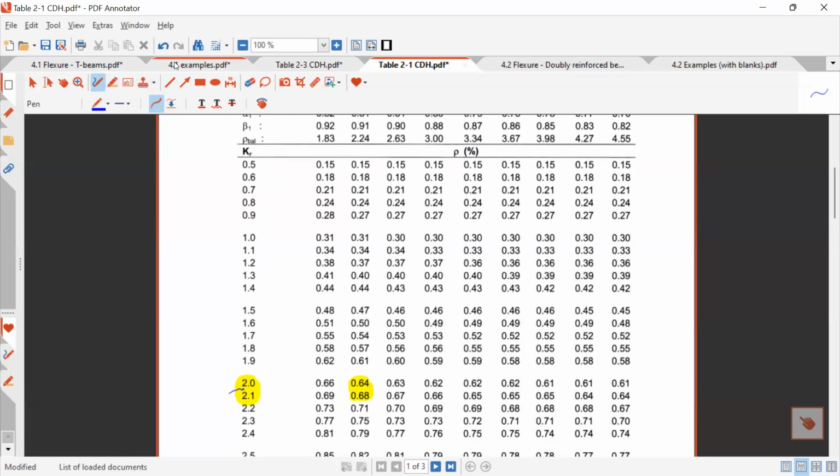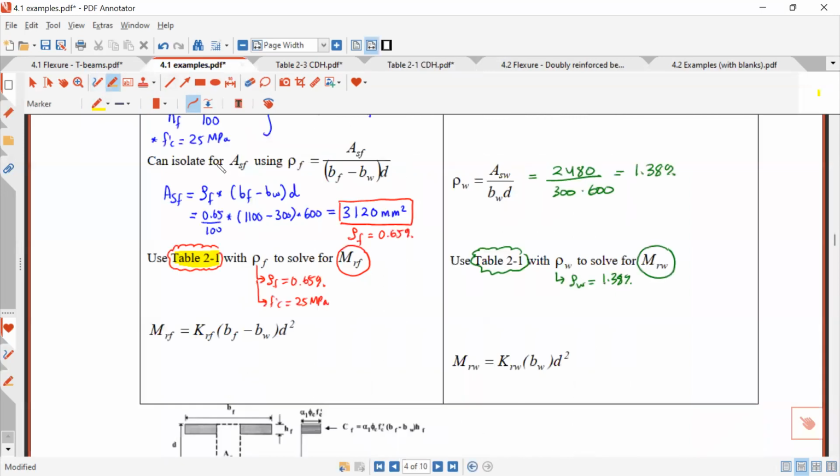Okay. So here, when I go into this table 2.1, I feed in these two things. By interpolation, I'll find this KRF, which is equal to 2.025 MPa. Okay, this is from table 2.1. Okay, the same thing.